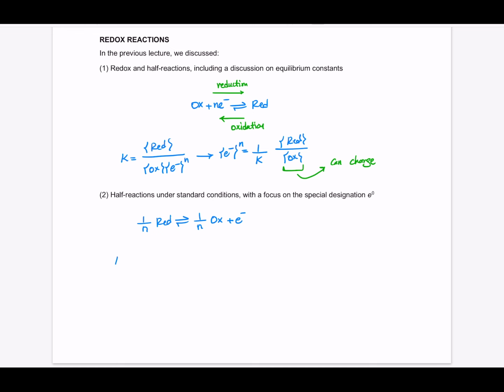And if that's the case, the K value this time for this specific reaction, we use the special designation of E0, that we can find from a table. And this was basically ox over 1 over n, the activity of electron.